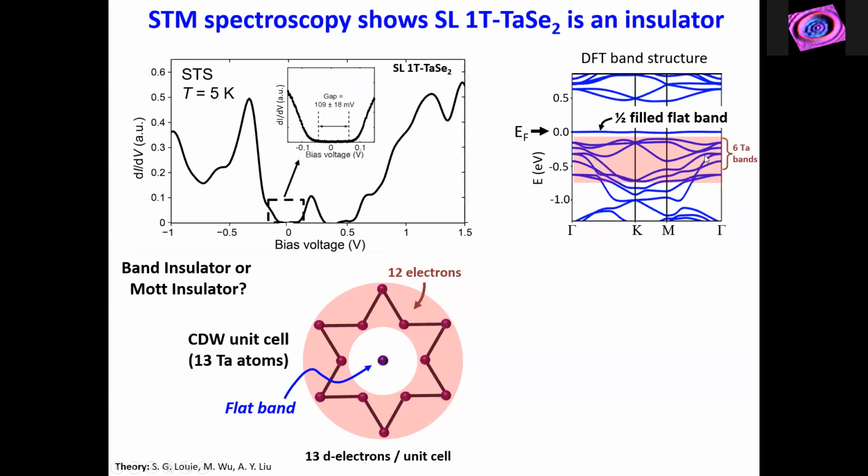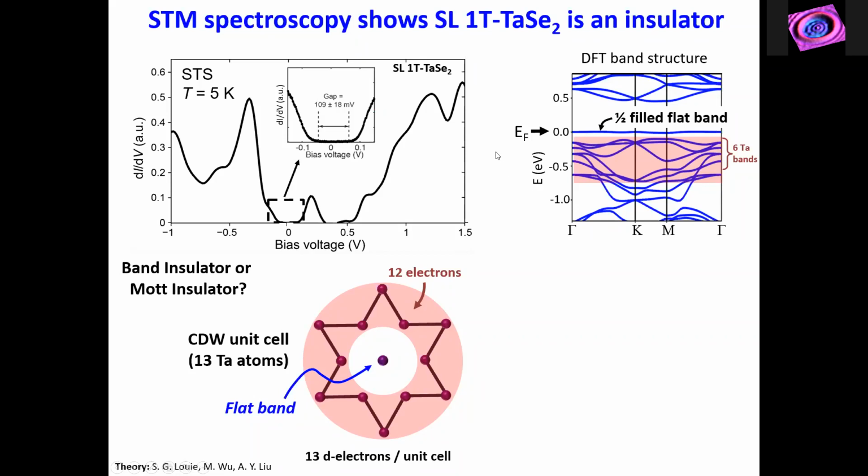There are 6 tantalum bands, so all those electrons fill up those bands, and so they're not so important. But the most important one is the atom in the middle. Its electron goes into this flat band here. Since there's one electron from the atom in the middle per unit cell, this flat band is only half filled, and that's why it's a metal.